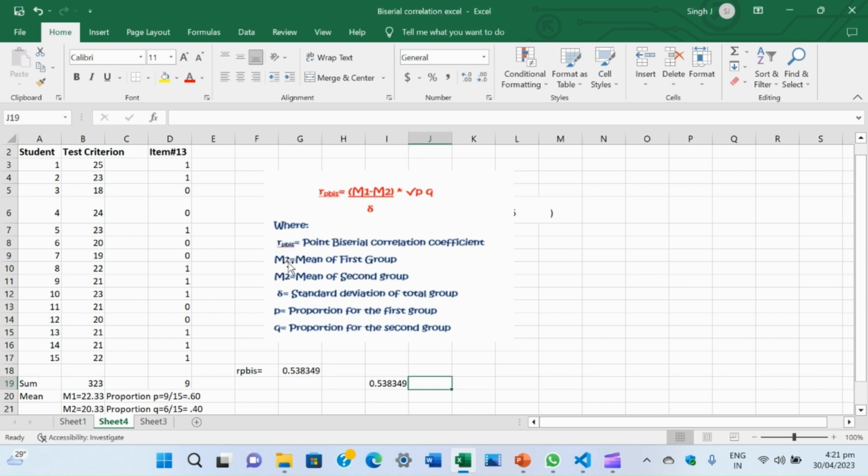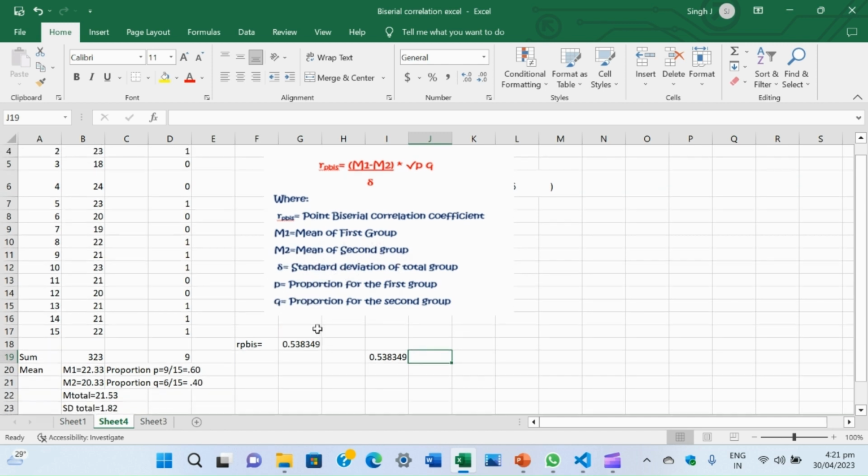Where R point biserial is the point biserial correlation coefficient, m1 is the mean of the first group, m2 the mean of the second group, sigma is the standard deviation of the total group, p is the proportion for the first group, and q is the proportion for the second group.